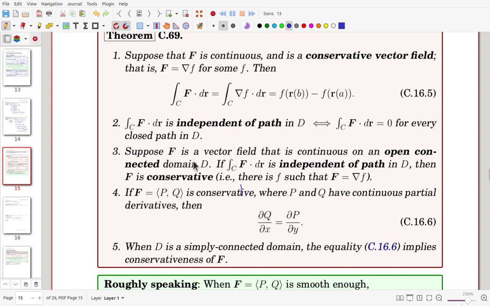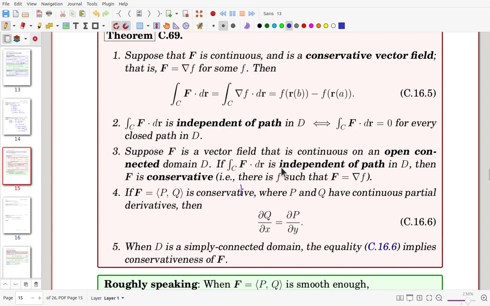Now, once F is a vector field that is continuous on an open connected domain, and if this integral is independent of path, then it is conservative. Once it is conservative, then it is independent of path.